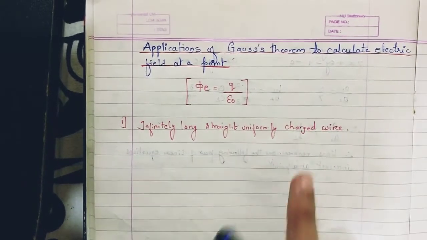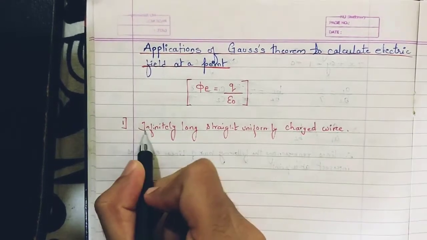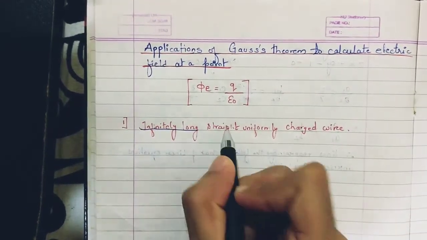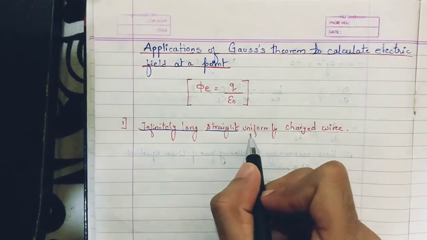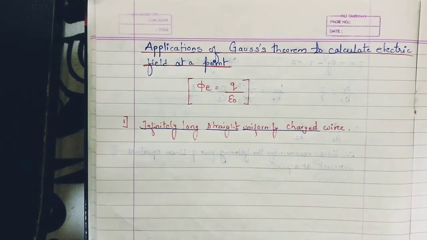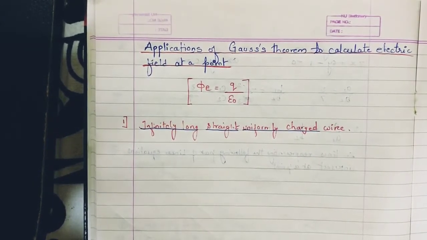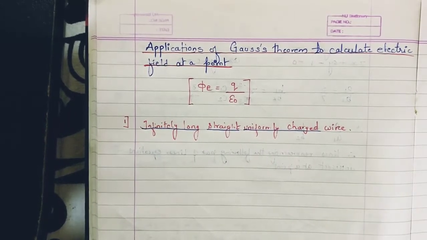These are the three features of this wire. The first feature is that it is infinitely long, the second is that it's straight, and the third is that it is uniformly charged. Such a wire is given to you, and you need to find out the electric field at a point P around such a wire. So let us draw the figure first.